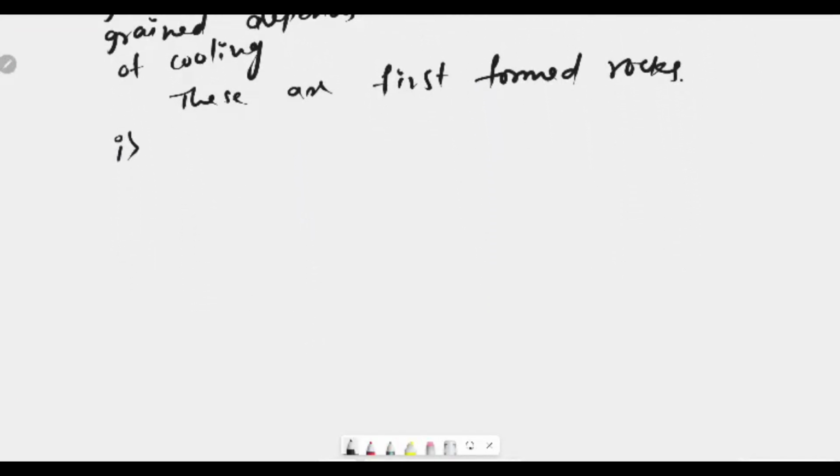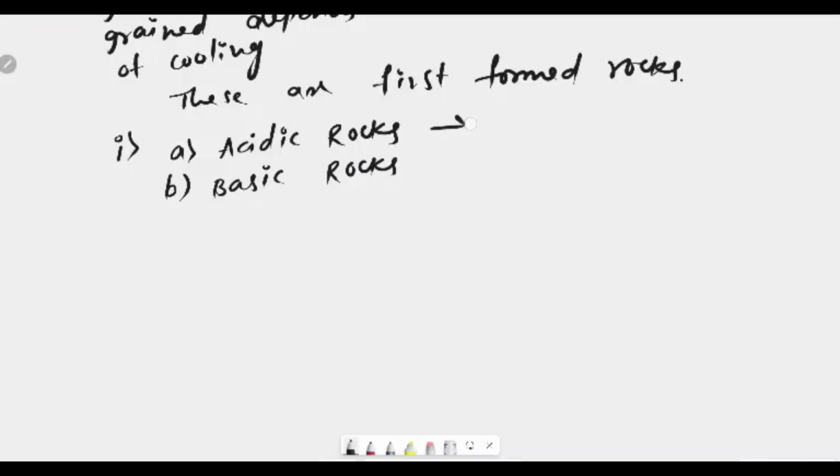On the basis of proportion of silica, there are two types: acid rocks and basic rocks. Acid rocks contain a high percentage of silica, more than 2 by 3.